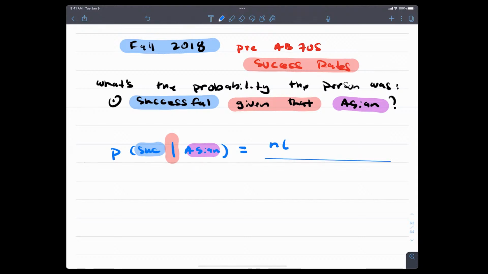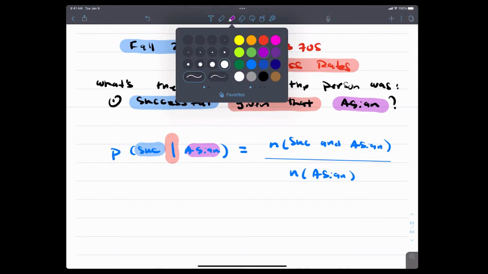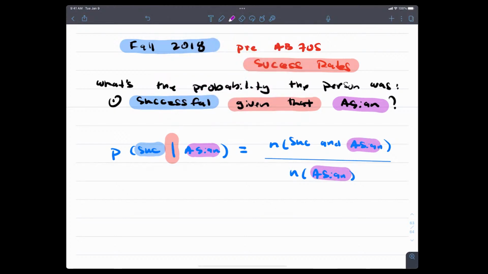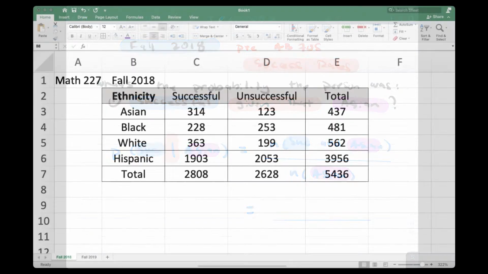It's the number who are successful and Asian over the total number who are Asian. Okay? So I need two numbers again, right? Two numbers.